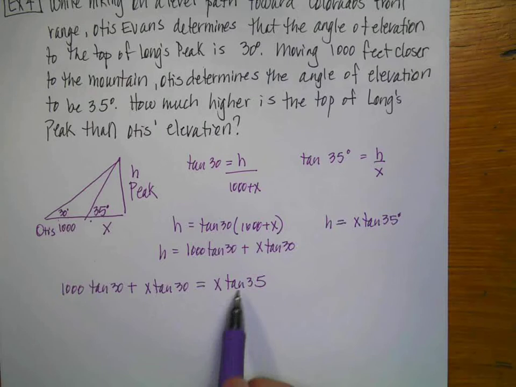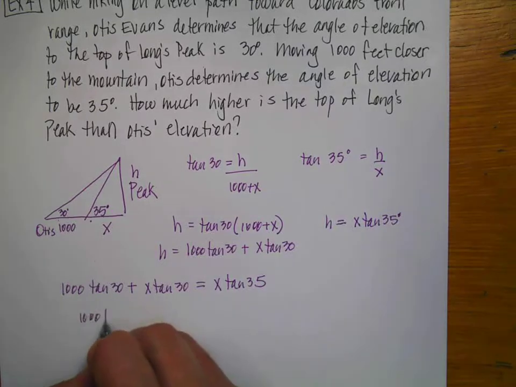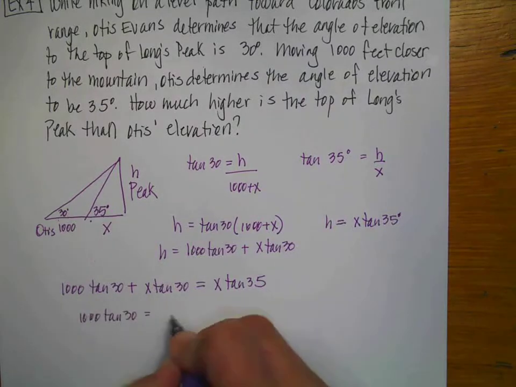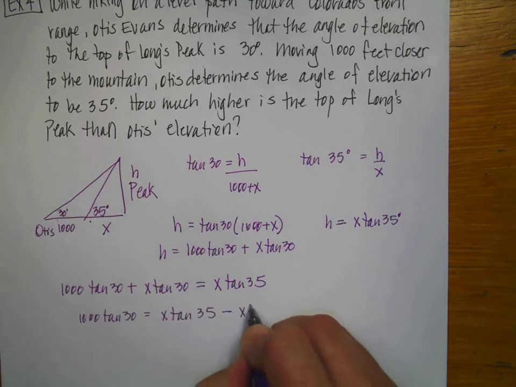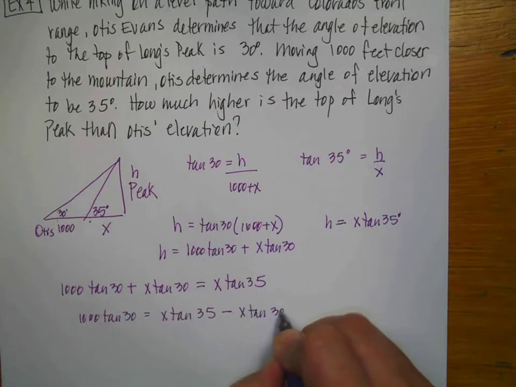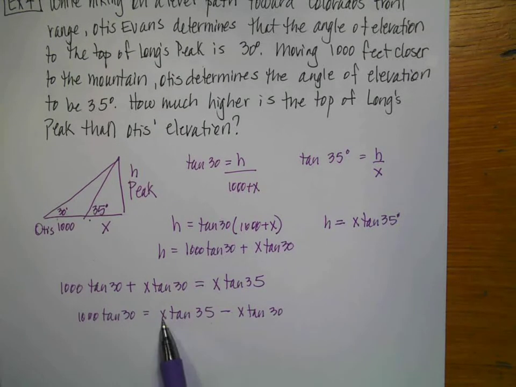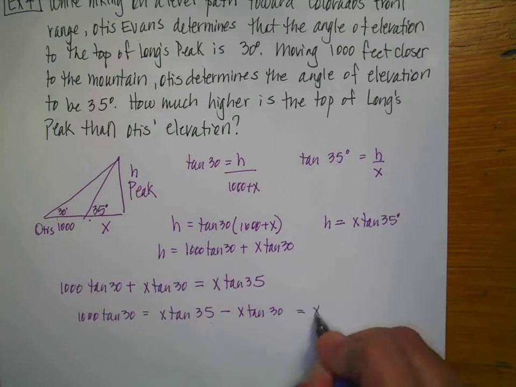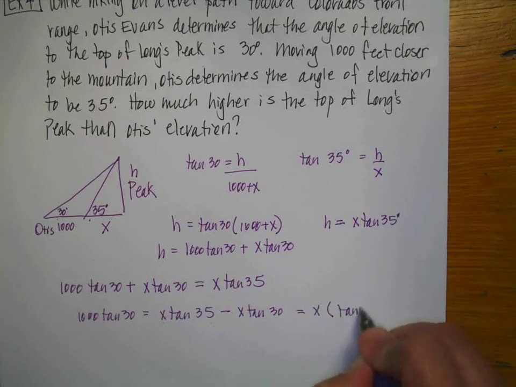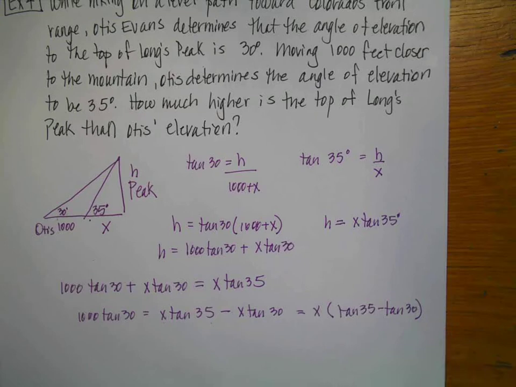Because ultimately I need to solve for X, I'm going to move this to the other side. So I get 1,000 tangent 30 is equal to X tangent 35 minus X tangent 30. On the right-hand side, because I need to solve for X, and once I find X, I can find H, I'm going to factor out an X. So I get X times the tangent of 35 minus the tangent of 30, okay?